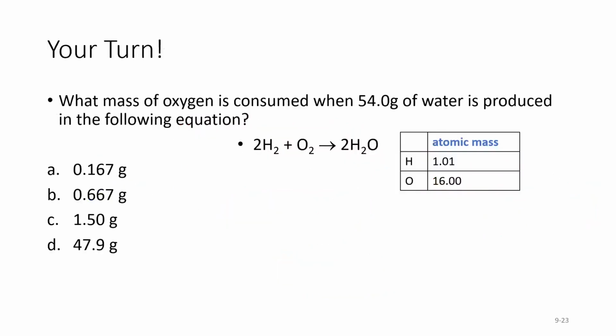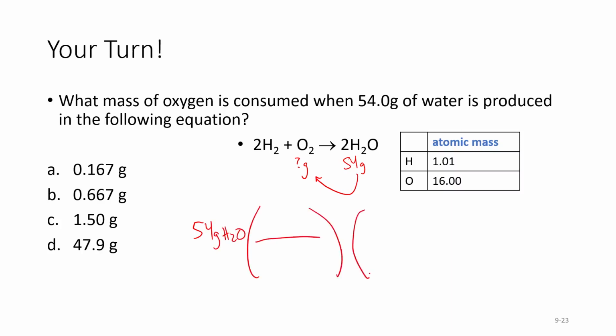What mass of oxygen is consumed when 54 grams of water is produced? Question mark grams. 54 grams. So we're going from 54 grams of water to grams of oxygen.